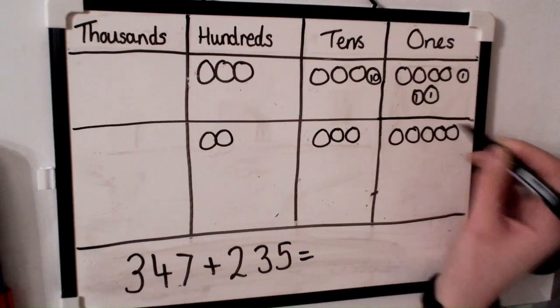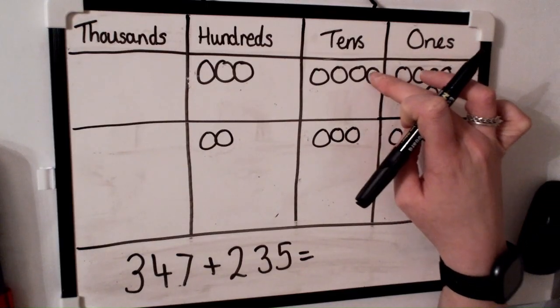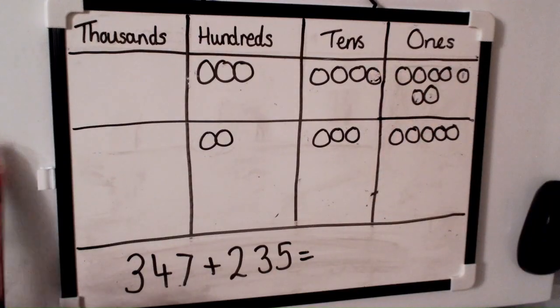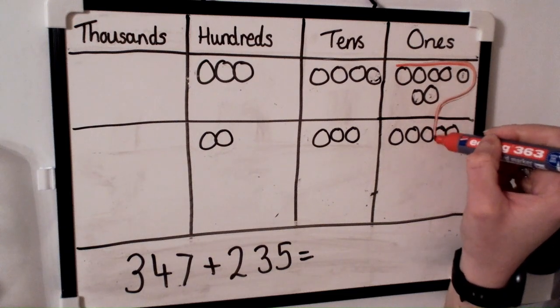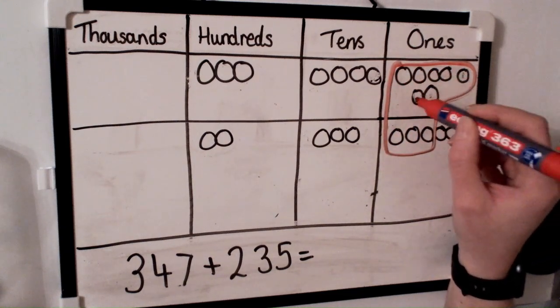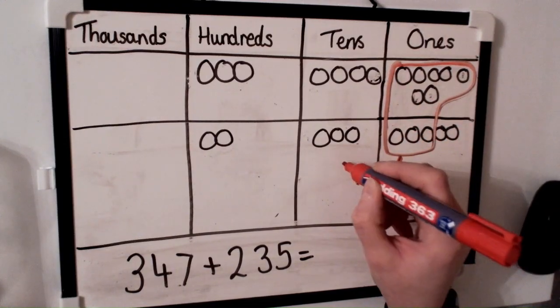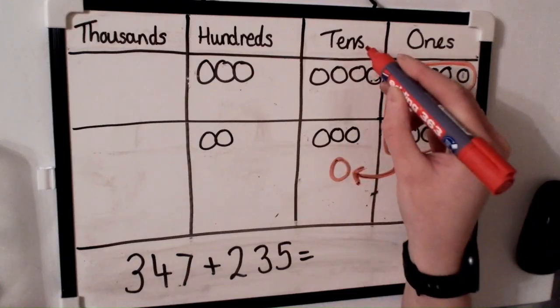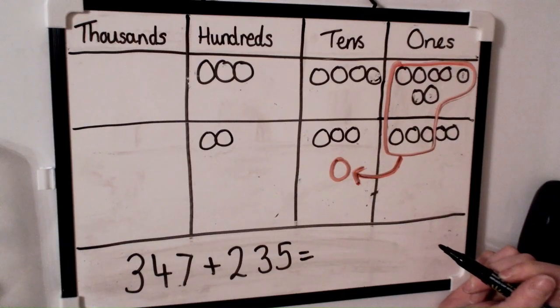Now, just like before in the concrete stage, when I add the ones and reach 10, I exchange them for 1 ten, and I am circling the 10 and showing that I am exchanging it, and then drawing my circle into the tens. It's just showing it in a visual way.